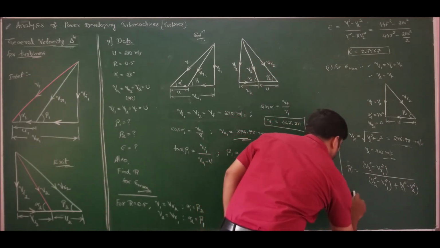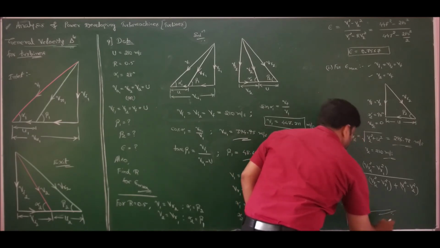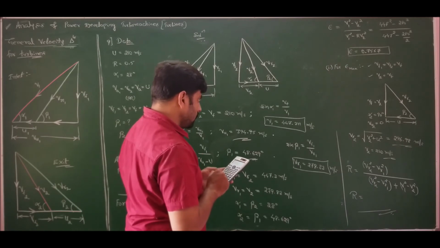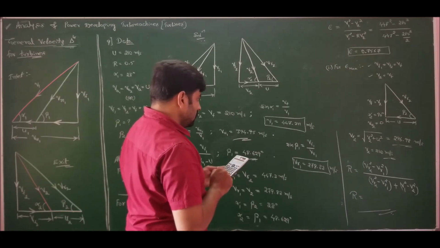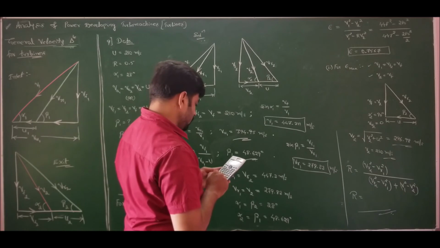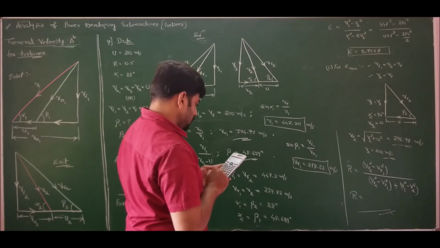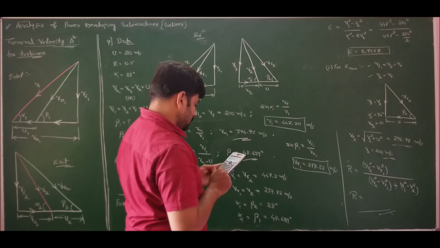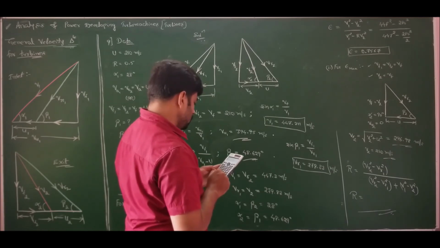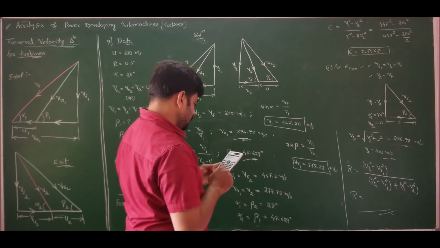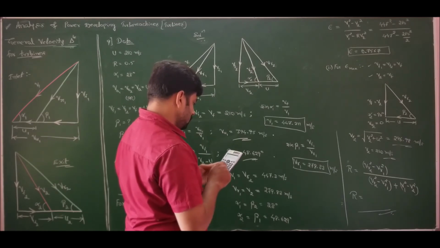For utilization to be maximum, the degree of reaction is 296.98 square minus VR1 square, where VR1 is 279.83 square, divided by 296.98 square minus 279.83 square plus V1 square minus V2 square, that is 447.311 square minus 210 square.